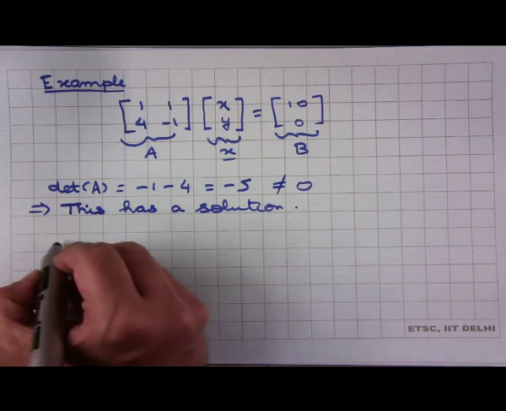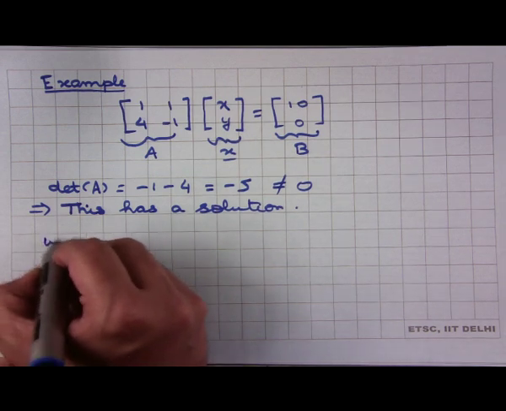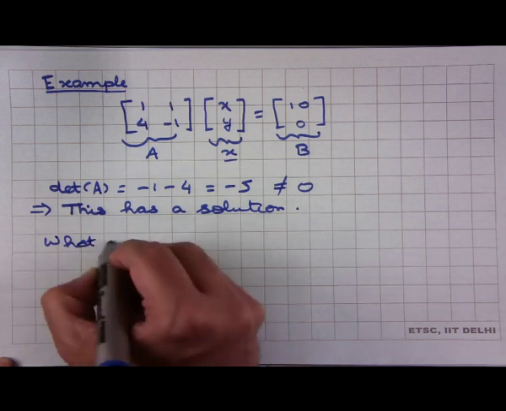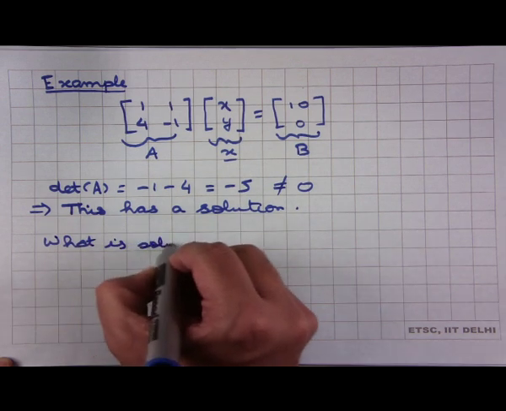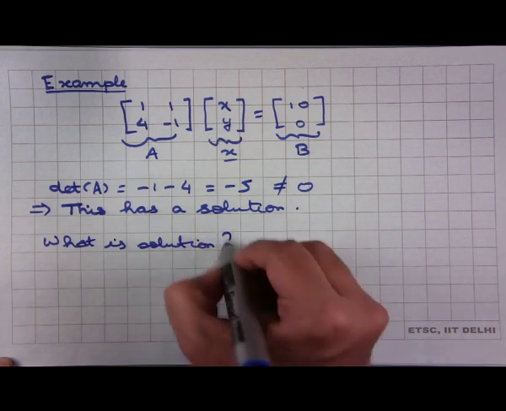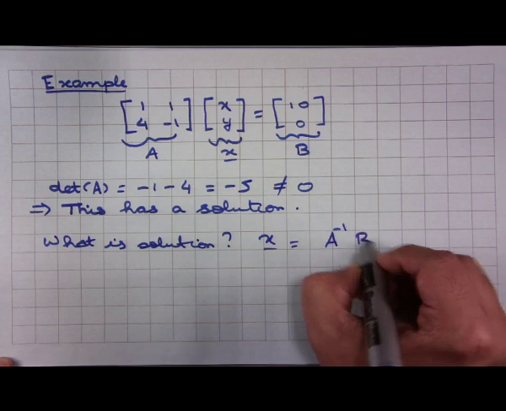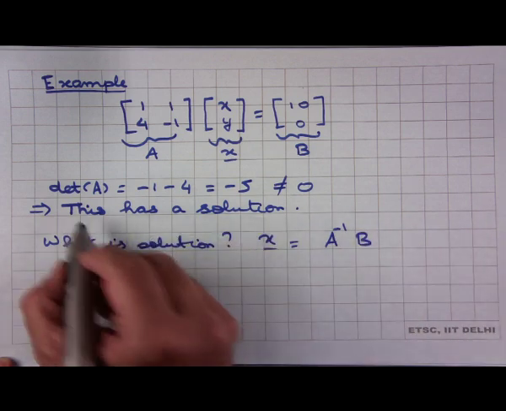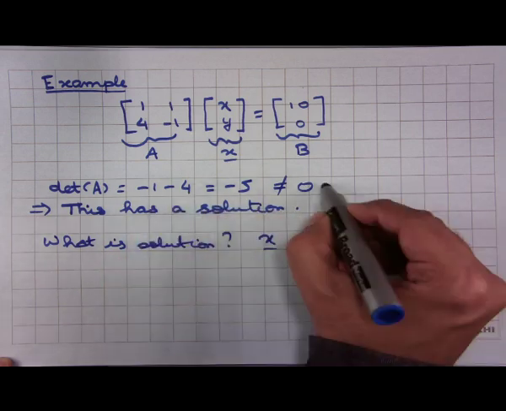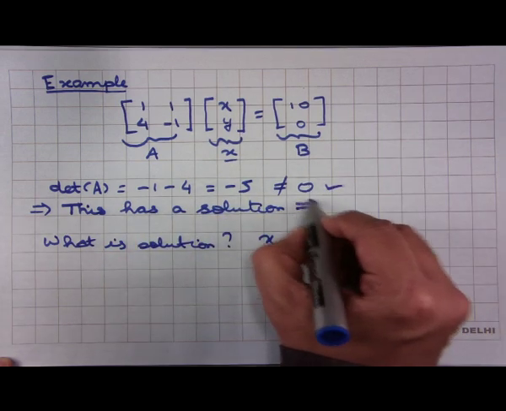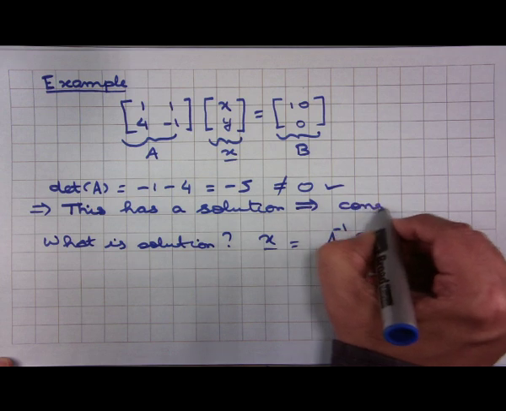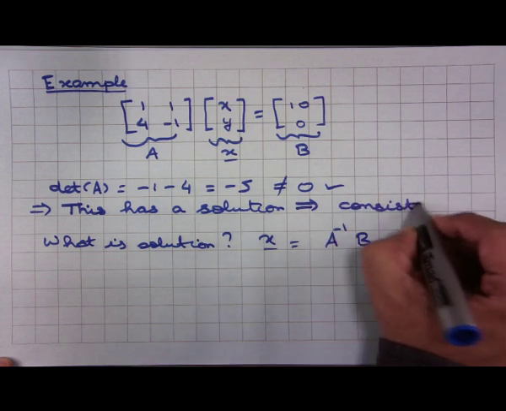How to find the solution? What is the solution? The solution of x is A inverse times B, right. So, using the fact that determinant is not 0, we can say that this is a consistent system of equations.